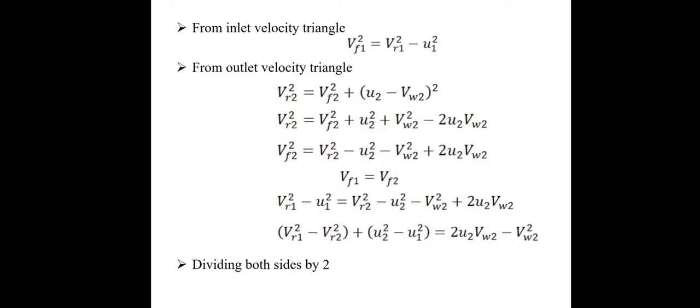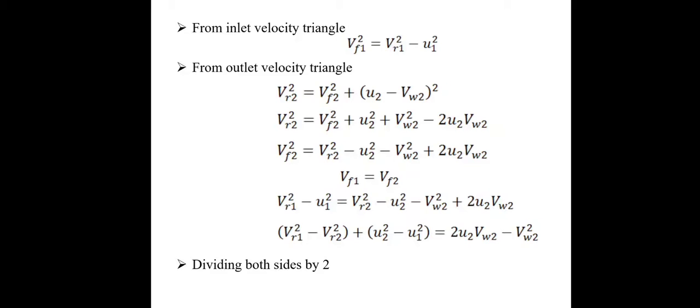Taking the VF2 term to the left side and all other terms to the right side, the equation becomes VF2 square is equal to VR2 square minus U2 square minus VW2 square plus 2 U2 into VW2. We know that VF1 is equal to VF2.